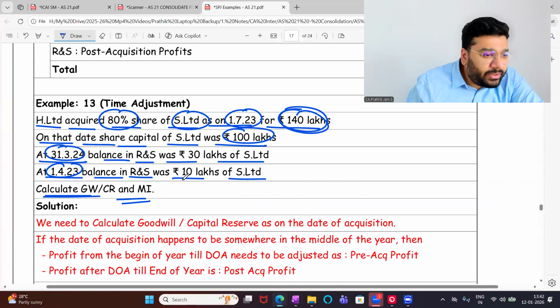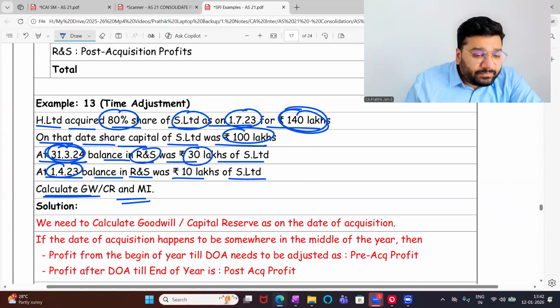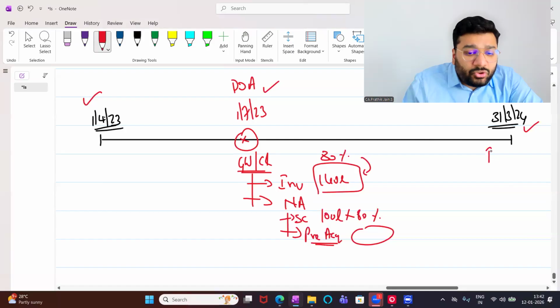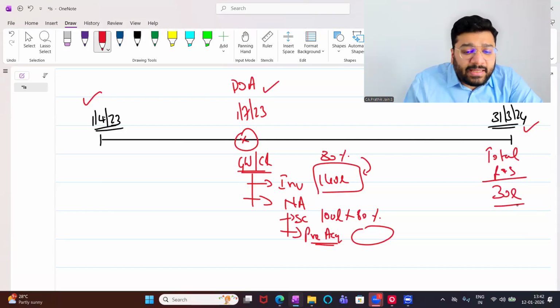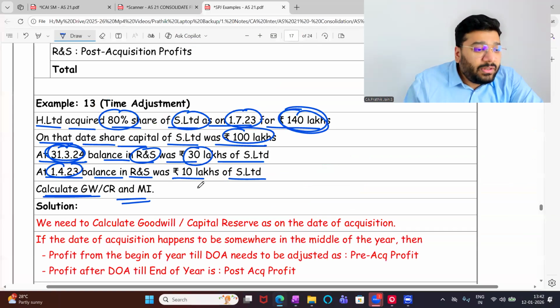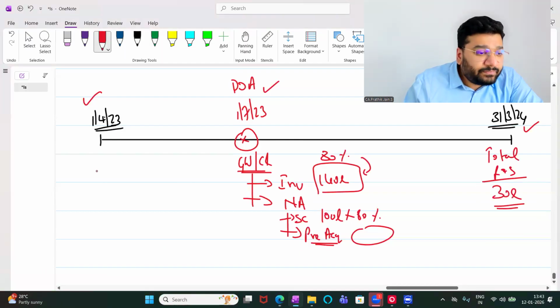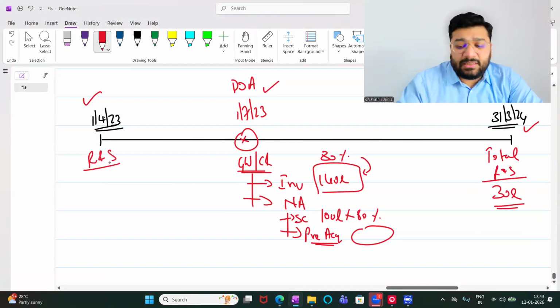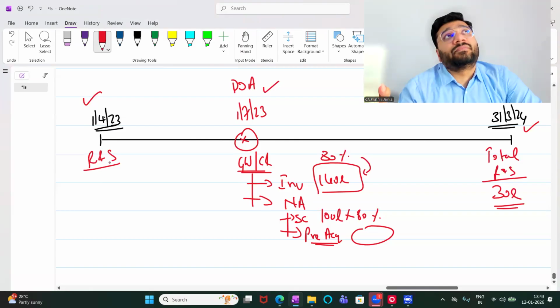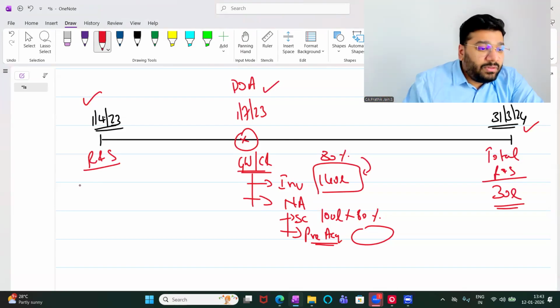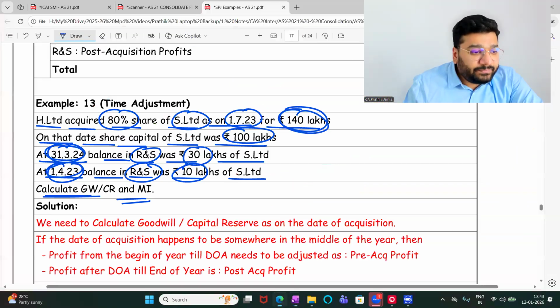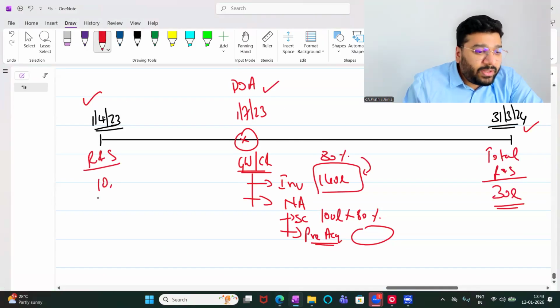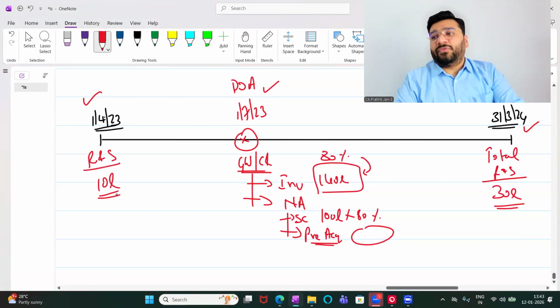Then they're telling that total reserve and surplus at the end of the year is 30 lakhs. On 1/4/23, beginning of the year, the reserve and surplus was 10 lakhs.